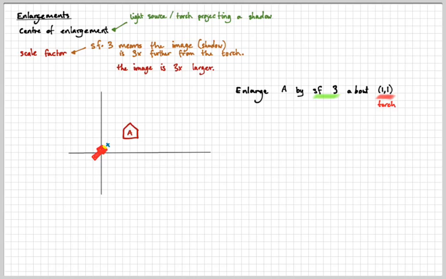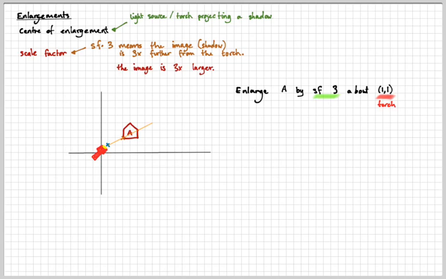Okay. So if you remember, you're going to project lines from the centre of enlargement at A, and I'm going to think of these as rays of light. So this might be our first ray of light through that corner of A. Now it's good to put crosses at some of the corners here.